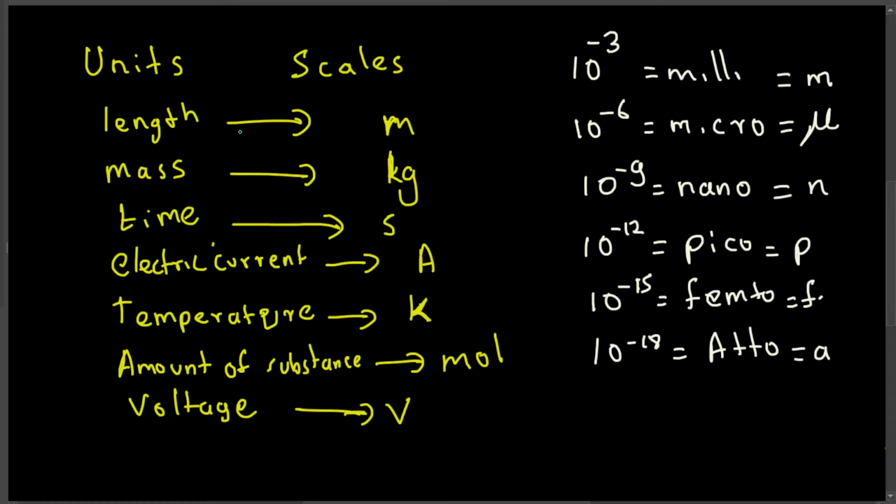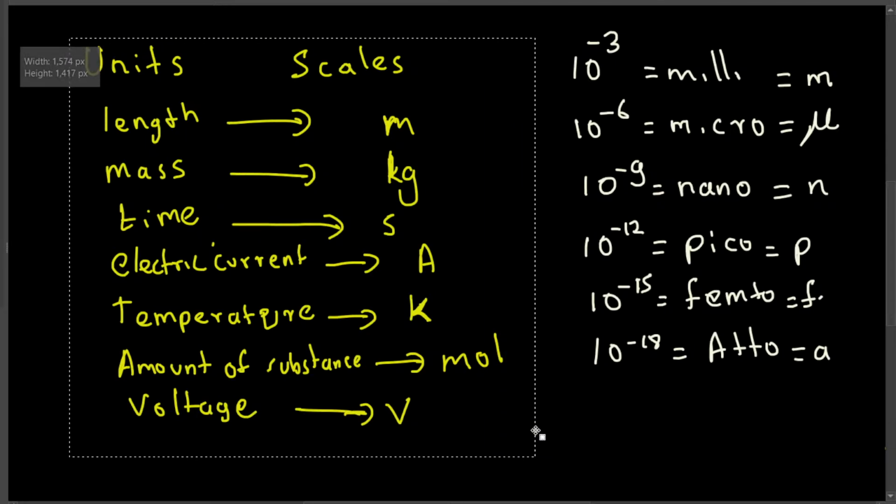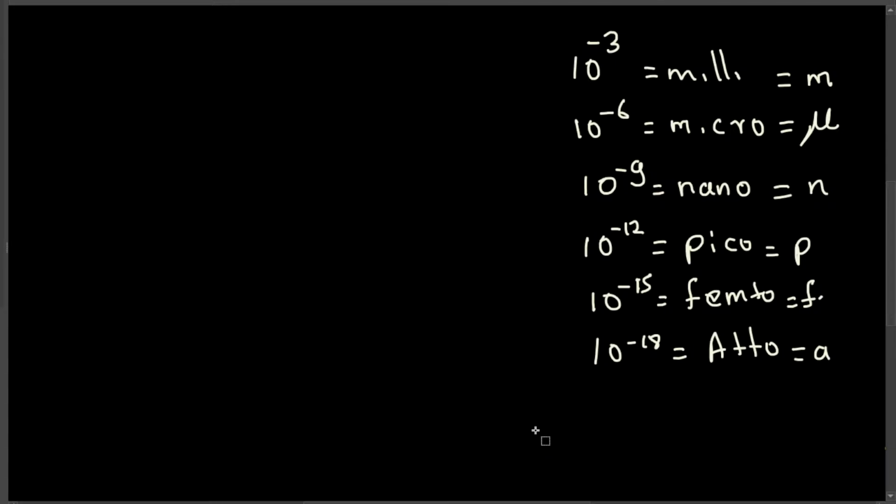Now let's look at the positive powers. I'm going to go ahead and erase this. Let's write here. If we have 10 to the power of 3, that's kilo. Kilo is small k, but when we are dealing with kilo and Kelvin, we have to know the difference.